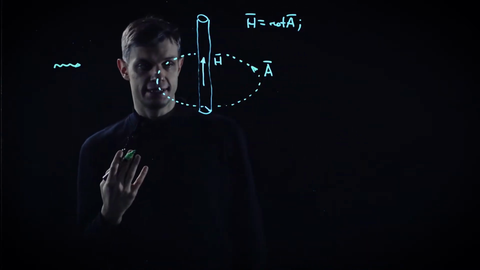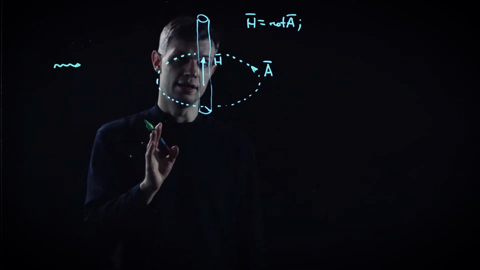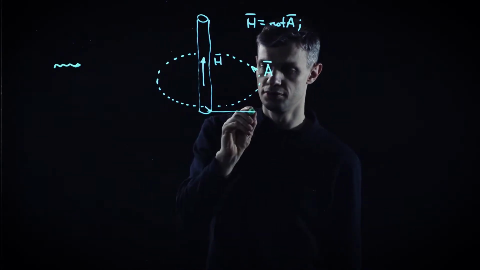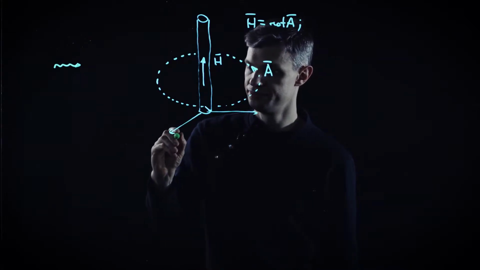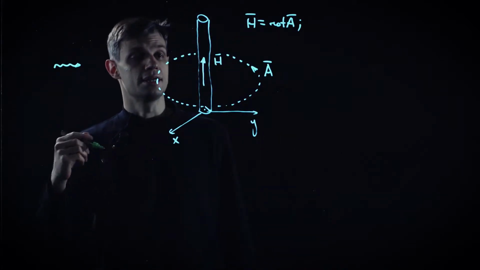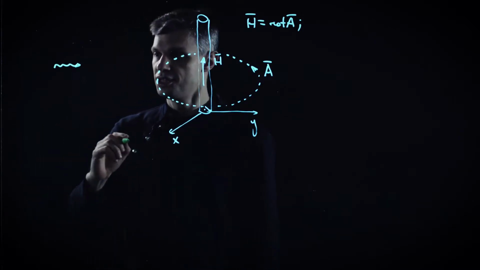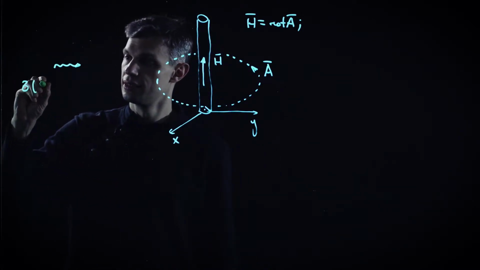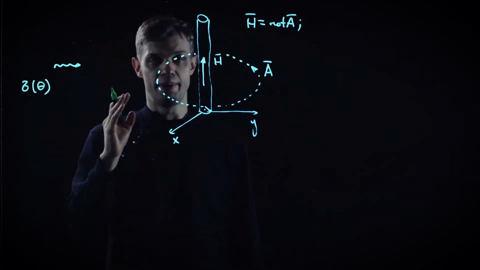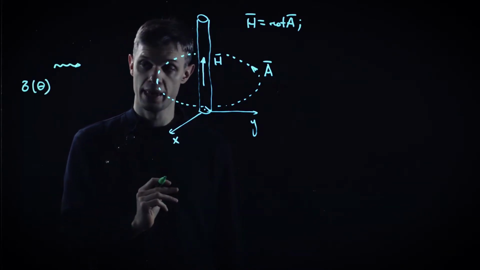Then what we expect is that since there is no magnetic field around the solenoid, and all the magnetic field is present just at the origin, suppose here is our coordinate system and here is the origin, the particle shouldn't be able to feel the presence of the magnetic field. So for example, such a thing as the scattering cross-section should not depend on the value of this magnetic field or magnetic flux.